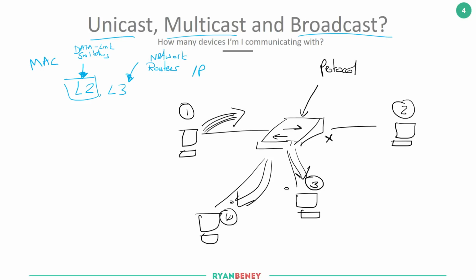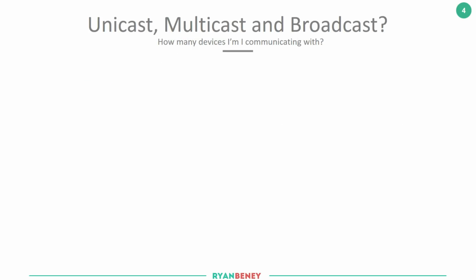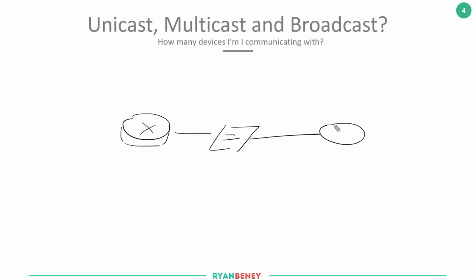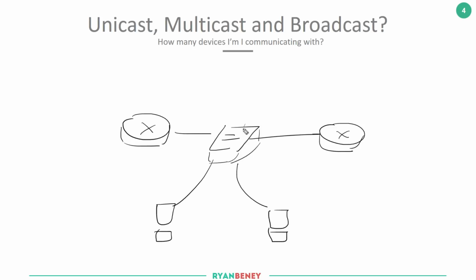So another example of this is, let's say we have our routers, and our routers connect into a switch, and at the back of the switch we also have two PCs. Let's put another router up here.